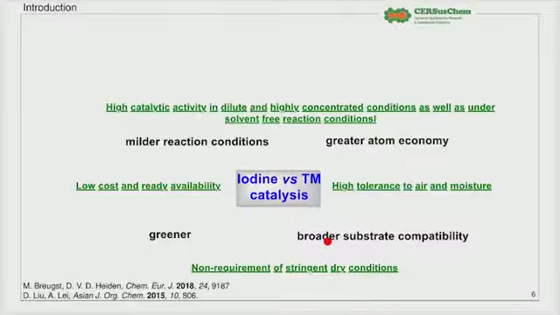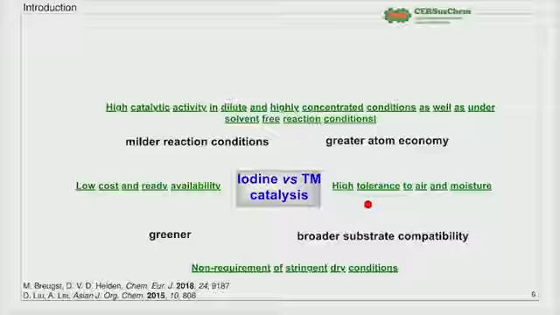Based on this information, we can make some comparison between iodine and transition metal catalysis. Generally, the reactions of iodine are mild, they have greater atom economy, and they are greener. Substrates show a broad scope. Also, because of the high availability of iodine and its salts, they are low cost, stable, and easily available.